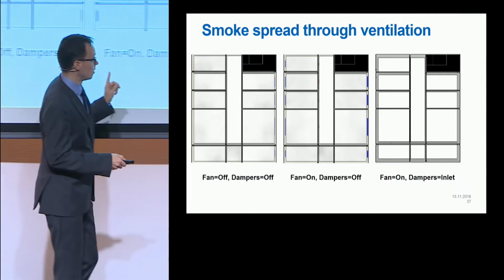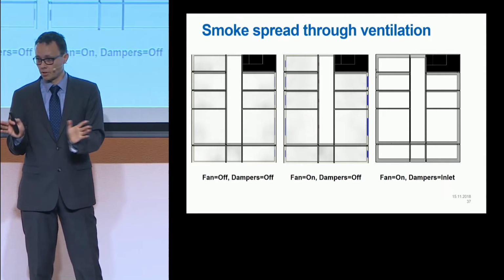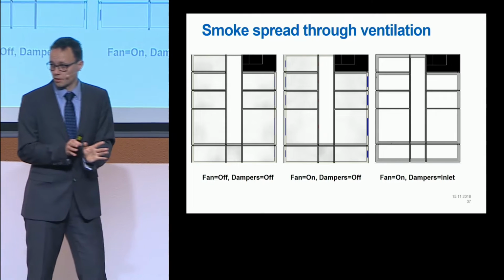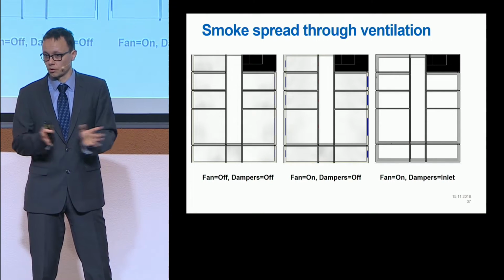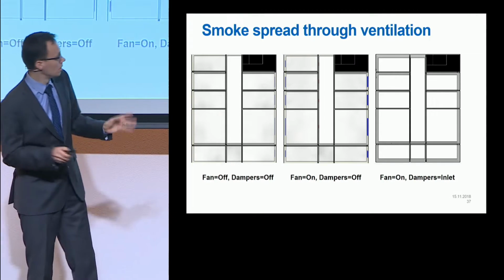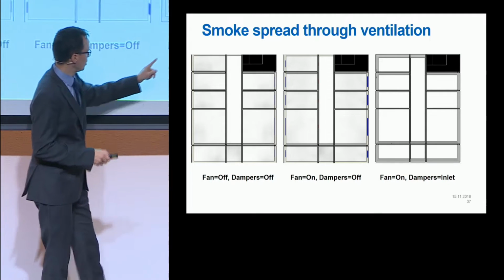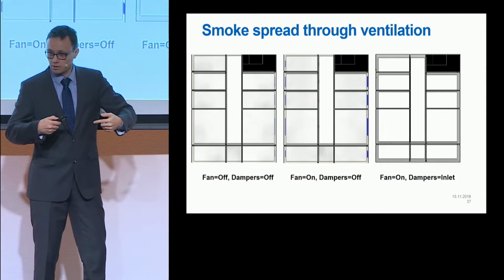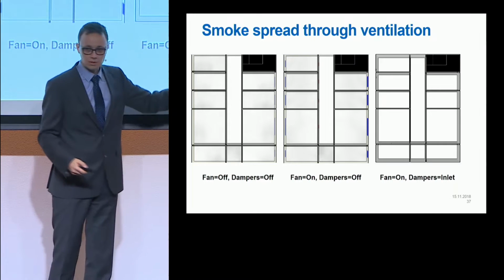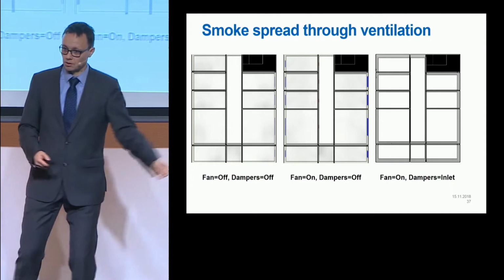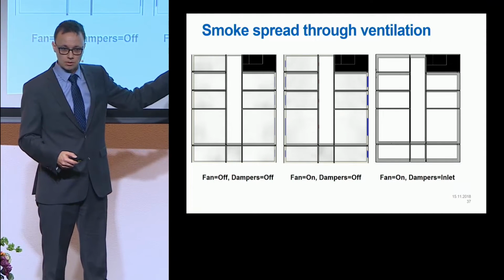There's only one. Obviously, if we have both ducts closed by damper, then, according to the model, there's not going to be smoke in the neighbors. Also, if we keep the fans operating and we close only the inlet duct, there's not going to be smoke in the neighbors.